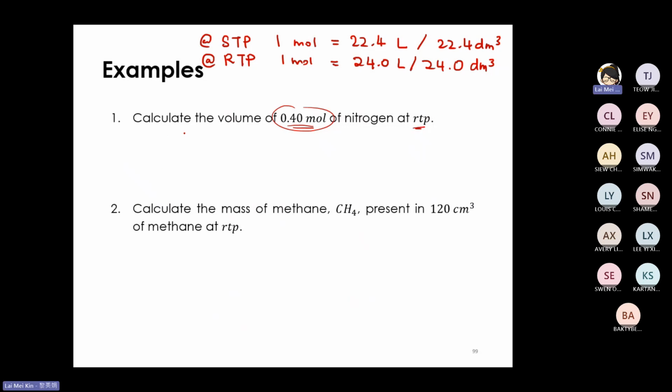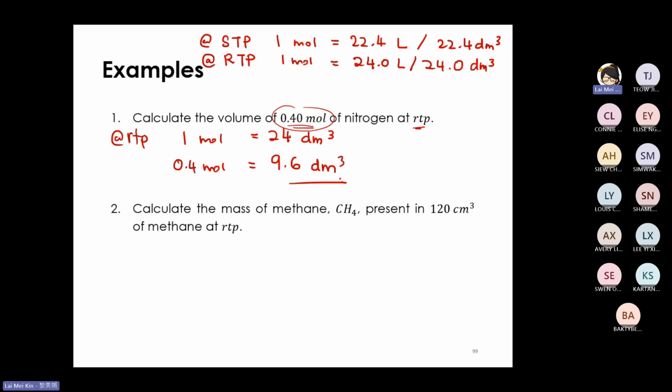So at RTP, 1 mole is 24 decimeter cube. So now you have 0.4 mole. How much? 9.6 decimeter cube.